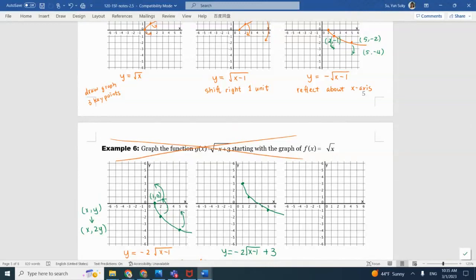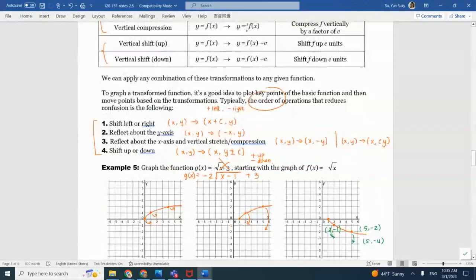Okay, read with me. 1, shift left or right. 2, reflect about the y-axis. 3, reflect about the x-axis and vertical stretch or compression. 4, shift up and down.